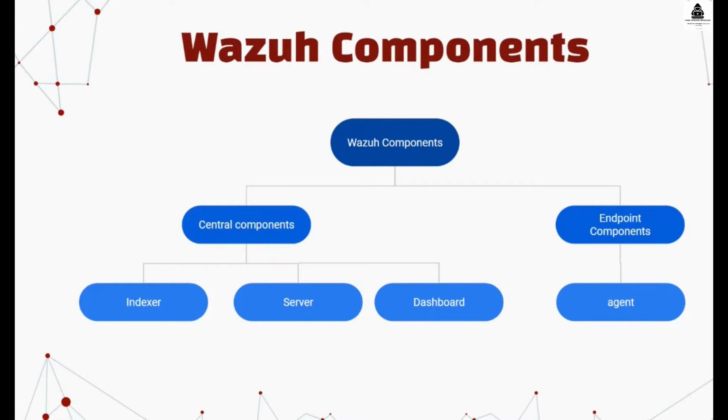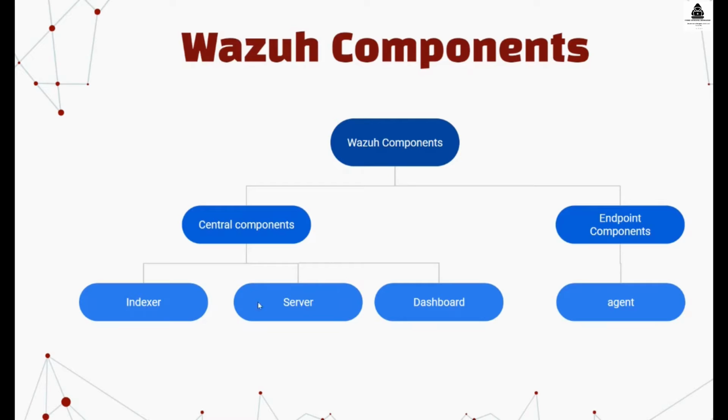Then we have the Wazuh components: the central component and the endpoint component. The central component is where you host the Wazuh server. The server has three parts: indexer, server, and dashboard. The indexer is the database, and it is a form of OpenSearch.